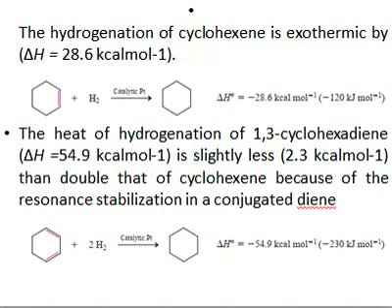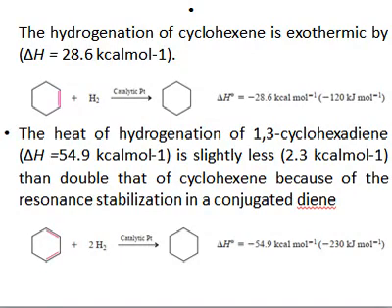So there is a slight decrease in the heat of hydrogenation of cyclohexadiene if the double bonds are conjugated. The reason for the decrease in energy when hydrogenating a conjugated system is resonance stabilization. Because the system is conjugated, it must have resonance, so the heat of hydrogenation has reduced.